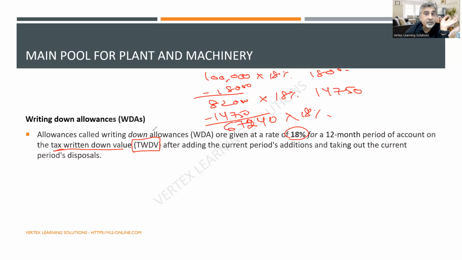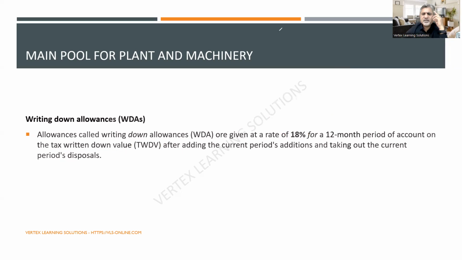So these are called tax written down value. This is your TWDV for year one, and this is your TWDV for year two. Tax written down value, kind of net book value. So not kind of, exactly. For example, in my IFRS, what I do, I say cost less depreciation, and what do I get?